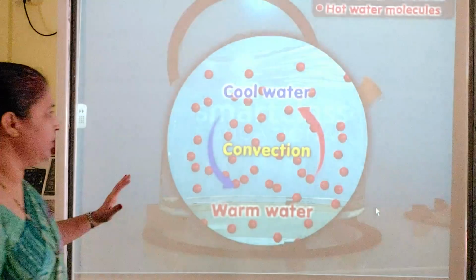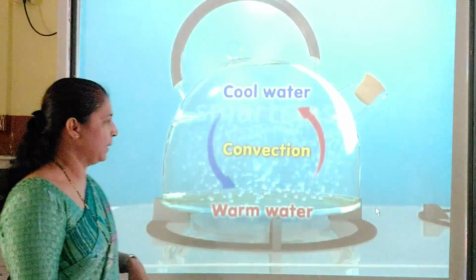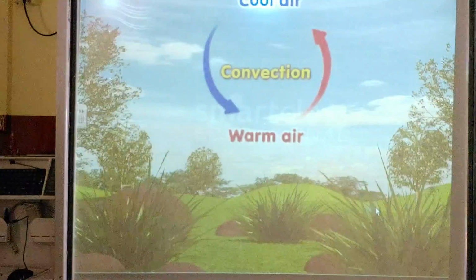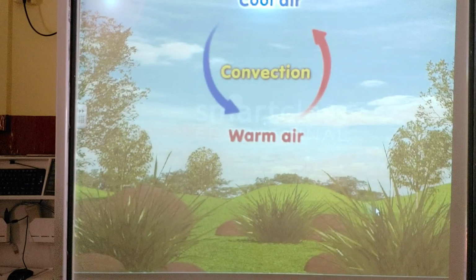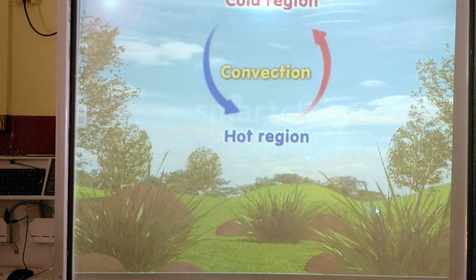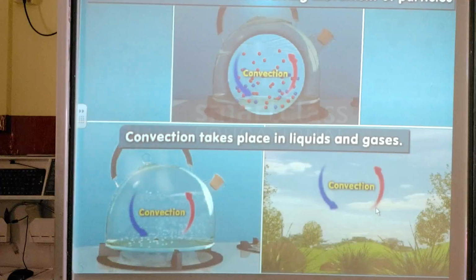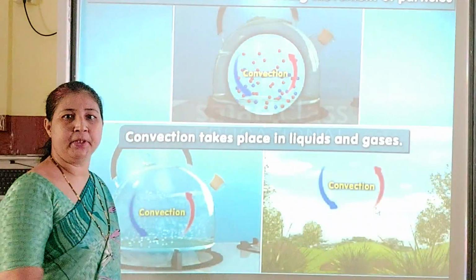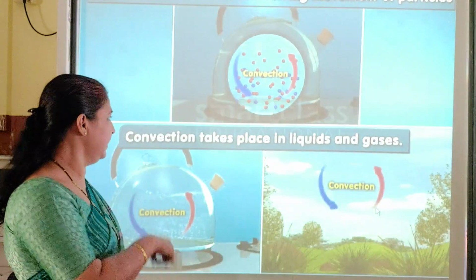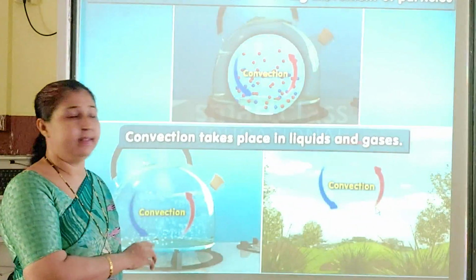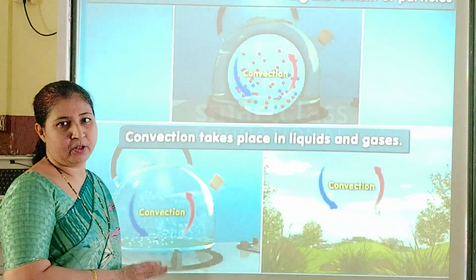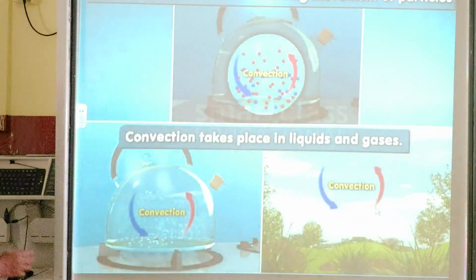Convection takes place in liquids and gases and occurs from a hot region to a cold region. Convection also takes place from the hotter region to the colder region, but this takes place in liquids and gases, not in solids.